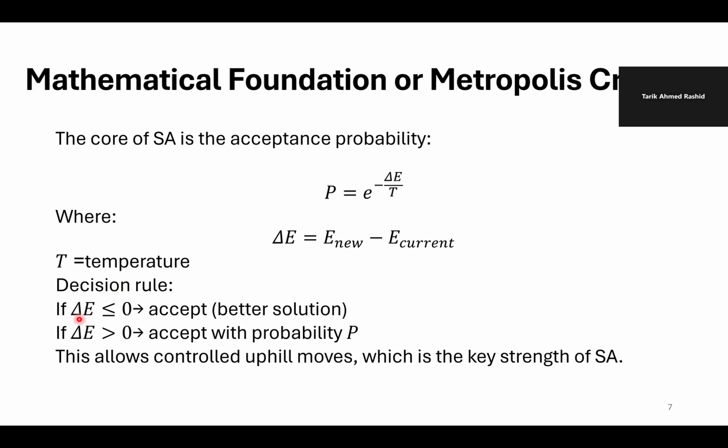If delta E is less than or equal to 0, that's a better solution, because you need delta E to be as low as you can to get a better solution. Now, if delta E is greater than 0, then accept with probability P. This allows controlled uphill moves, which is the key strength of simulated annealing.